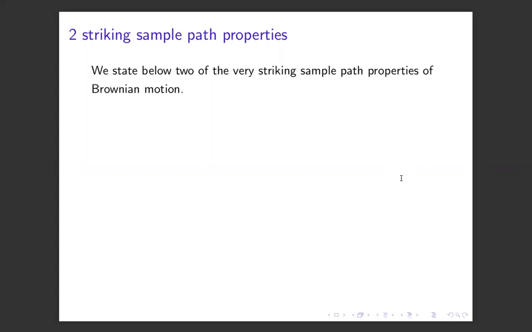Let's say you have observed it for about 10 seconds. In the 11th second or 12th second, or even smaller time intervals, will the path tend to be increasing from what it was earlier or decreasing from what it was earlier? What kind of property will indicate that?